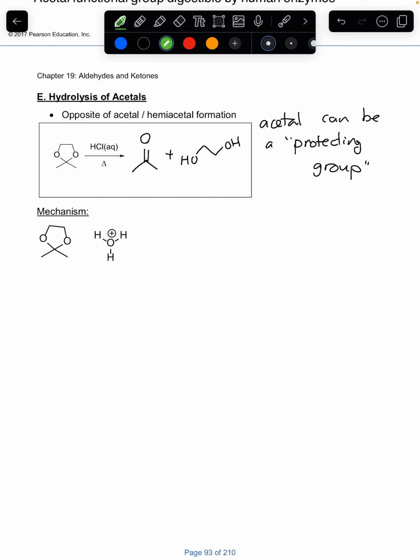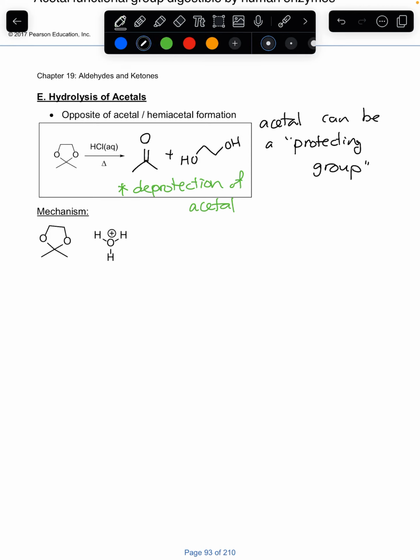We already discussed how you can put on the protecting group, the acetal. So here's your method for deprotection, so to speak, like if you wanted to deprotect this ketone right here.